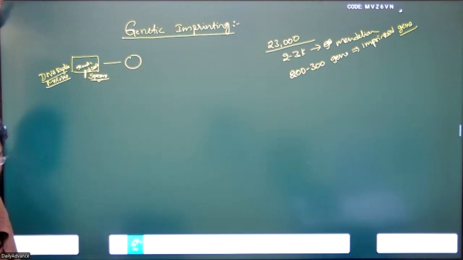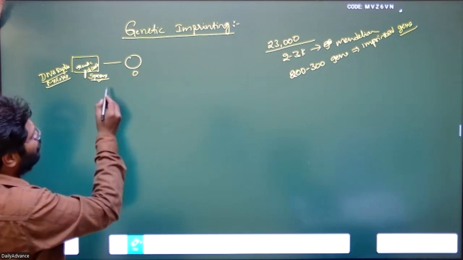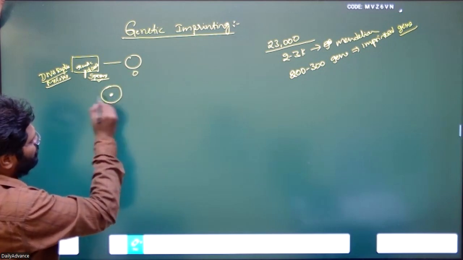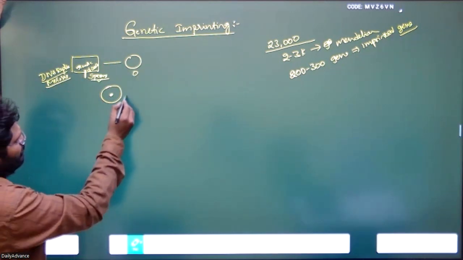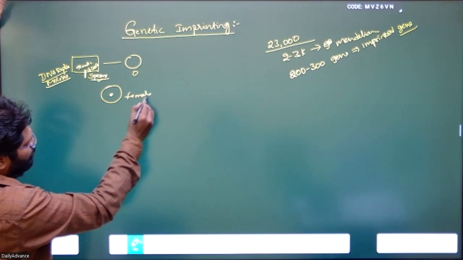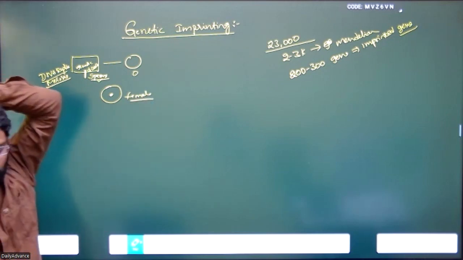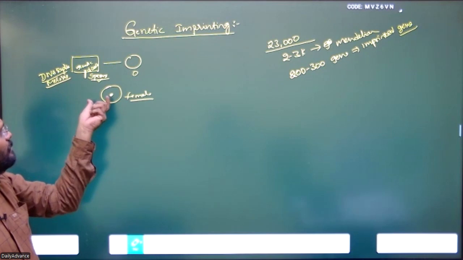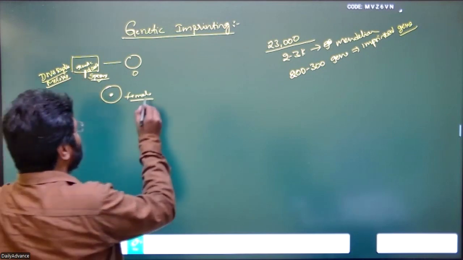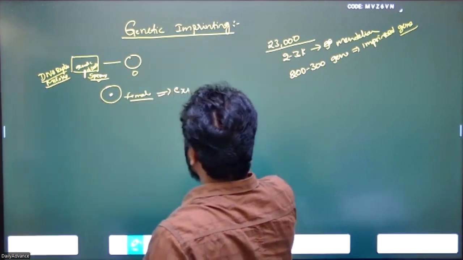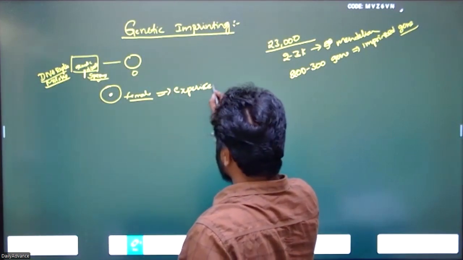Okay, the mother's ova are normal. The mother has no genetic disorder. She released an ovum, and both are fertilized. And the person is female. That means obviously the disease is inherited by the daughter, and the daughter experiences the symptoms.